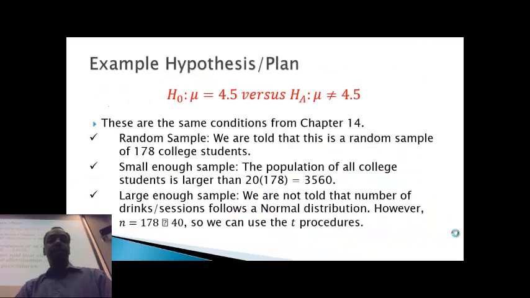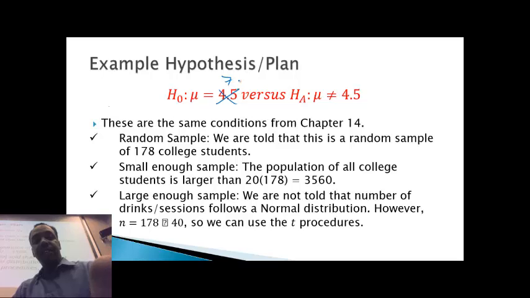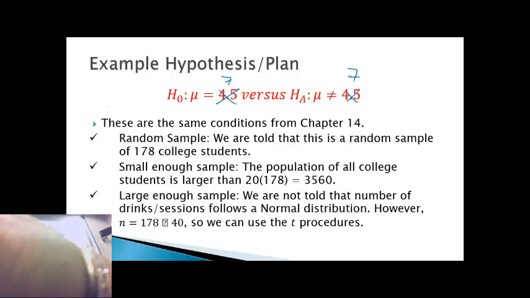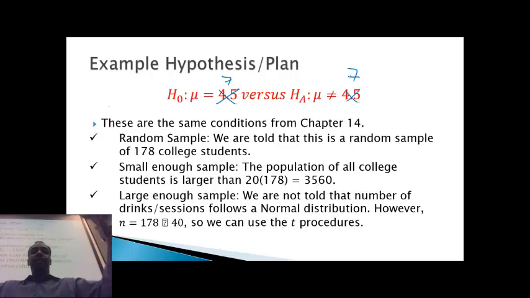Okay, so then what I chose to do, we changed to 7. My own guess was 4.5. I did this myself, but to use the audience data, we'll go with 7. So conditions: random sample, yes.